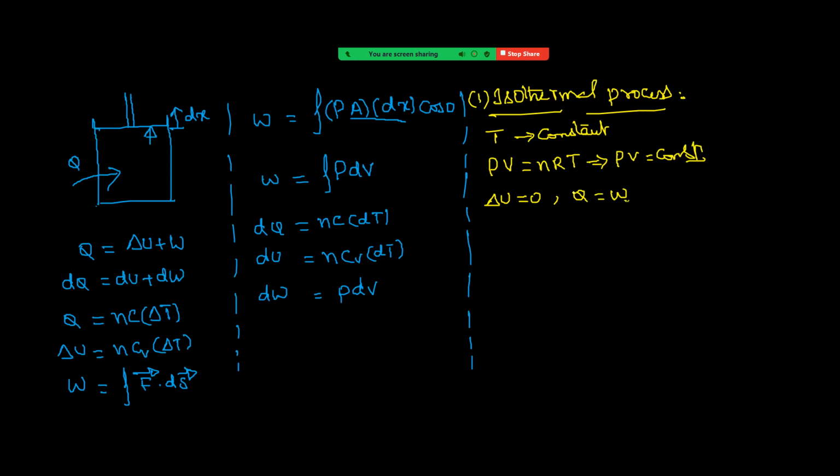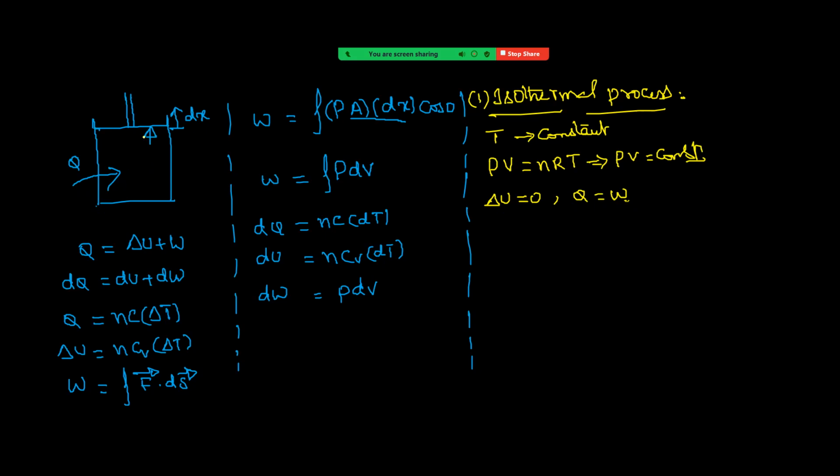Suppose we take the reverse process, we are doing work on the system. When we are doing work on the system, W will be negative. When W is negative, Q will be negative. That means heat is given by the system to the surroundings.